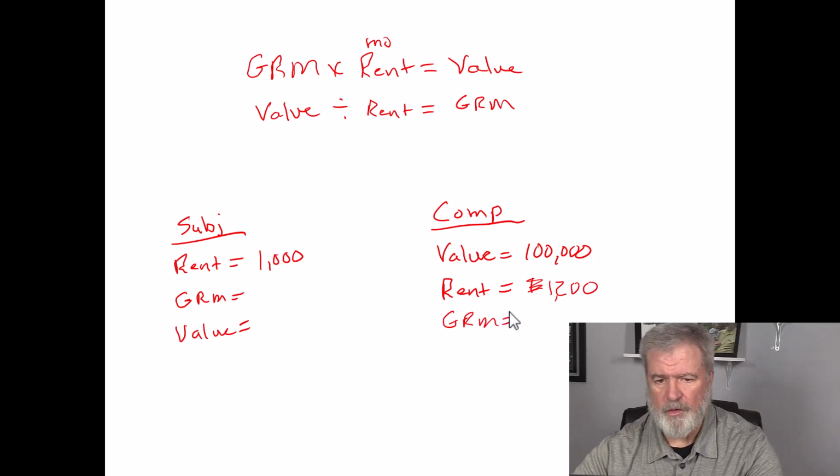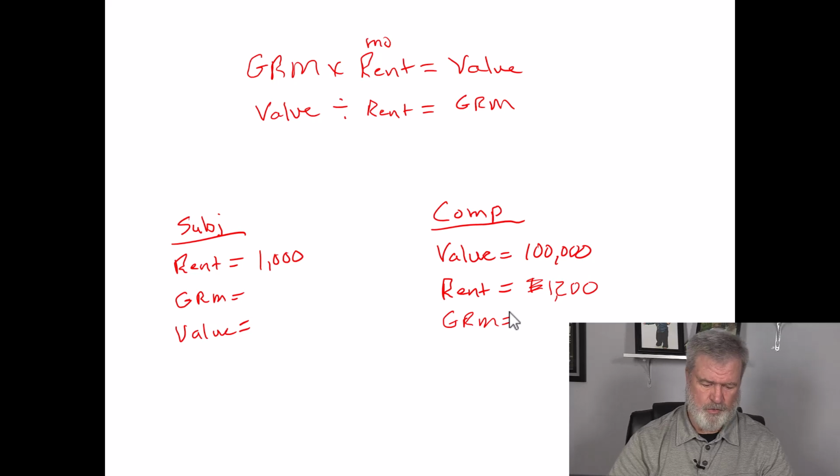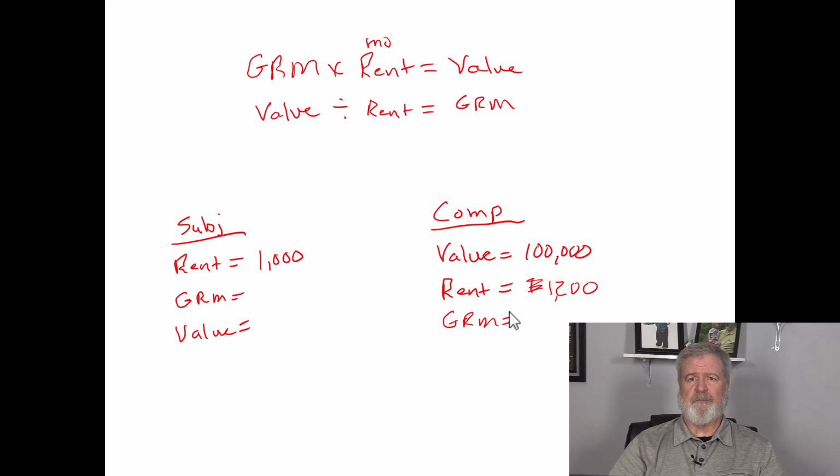So, what do we got to do to figure out the gross rent multiplier? Well, if you got your calculator, and I'm getting mine out, you take the value, 100,000, divided by the 1,200 a month, so you should come up with 83.3333 is what I got. And so let's talk about this rounding situation.